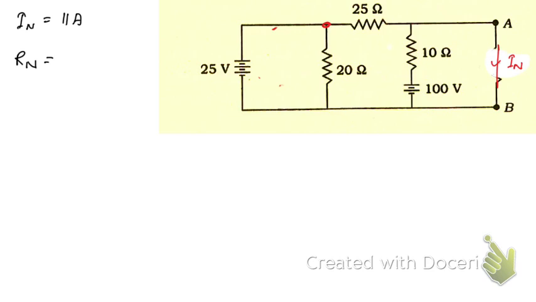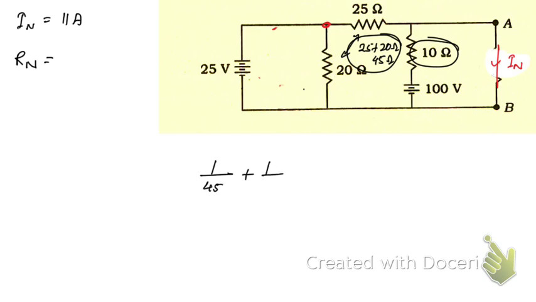So in that case, first the equivalent resistance of these two is going to be 25 plus 20, as they are in series. So that is 45 ohm, and this is in parallel with this. So 1 by 45 plus 1 by 10 is going to be 1 by Rn.